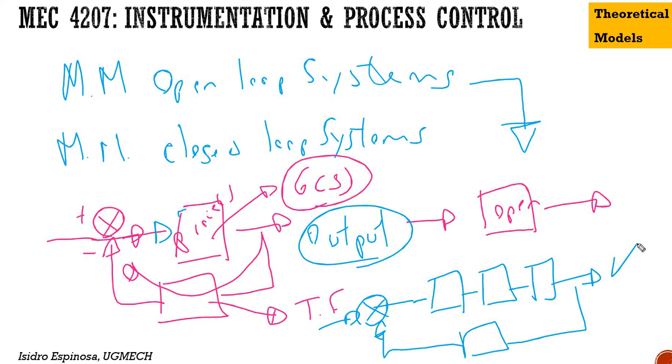So this is the introduction to mathematical models for the class instrumentation and process control. Next class we will be talking about the different models that we can expect to find during our professional exercise.